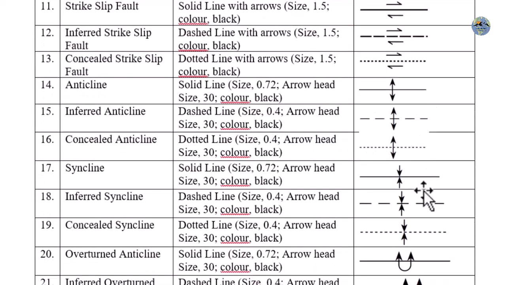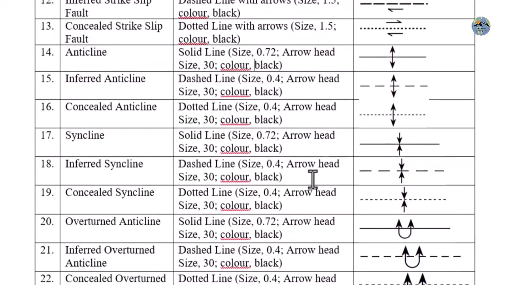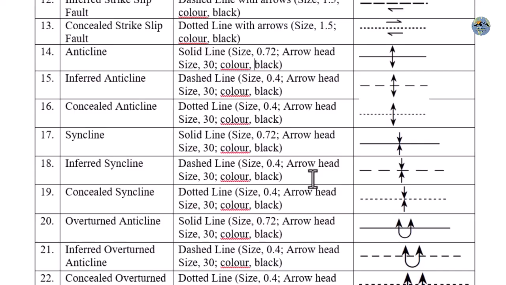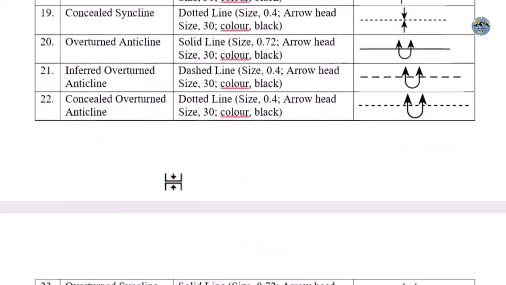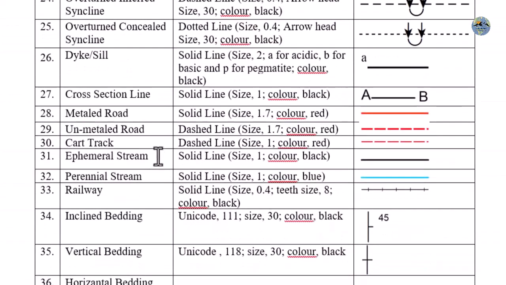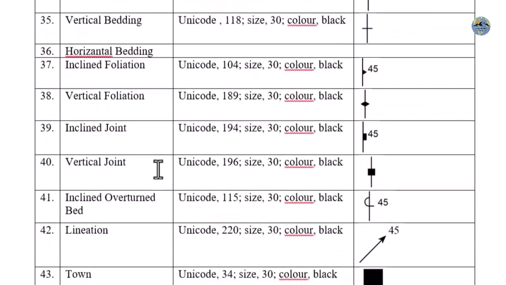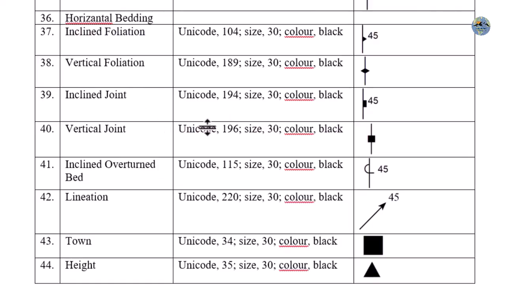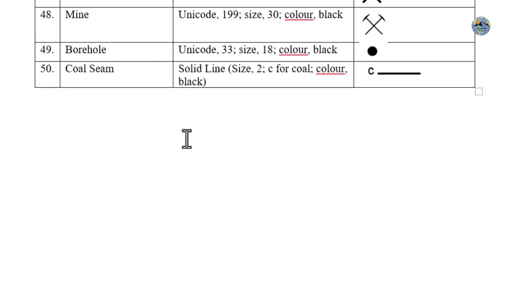So all of these symbols are available within the GIS. We will access that and we will select for each structure. Now this is for the metal road, car track, like this. Vertical joints, inclined joints, everything is available here.